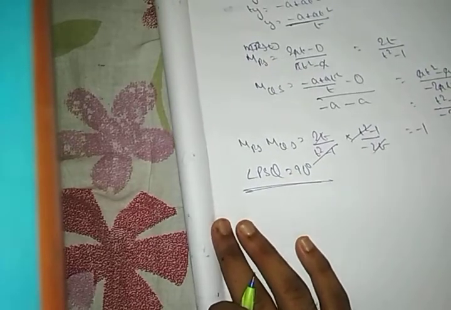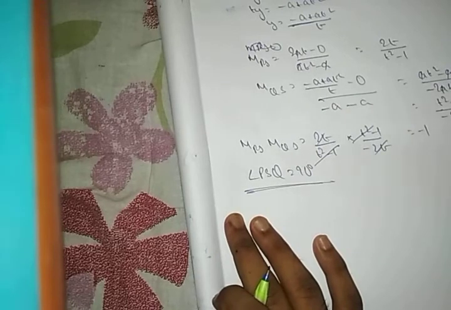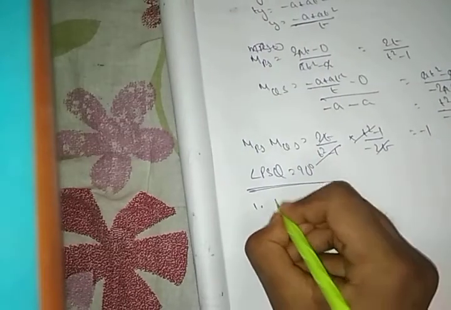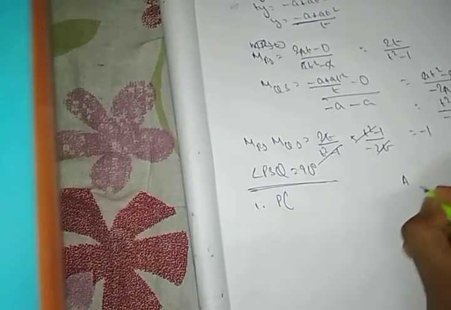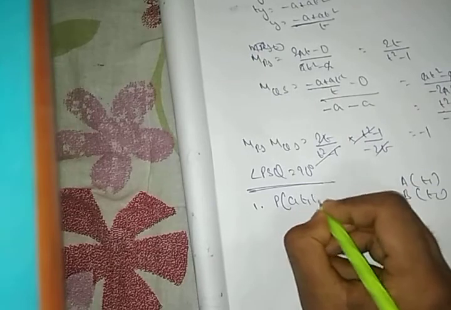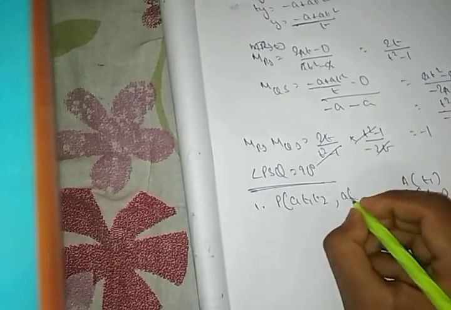So this was all property. So let us revise once again every property. The first property says that the point of intersection of two tangents at points A and B will be (a t1 t2, a(t1 plus t2)).